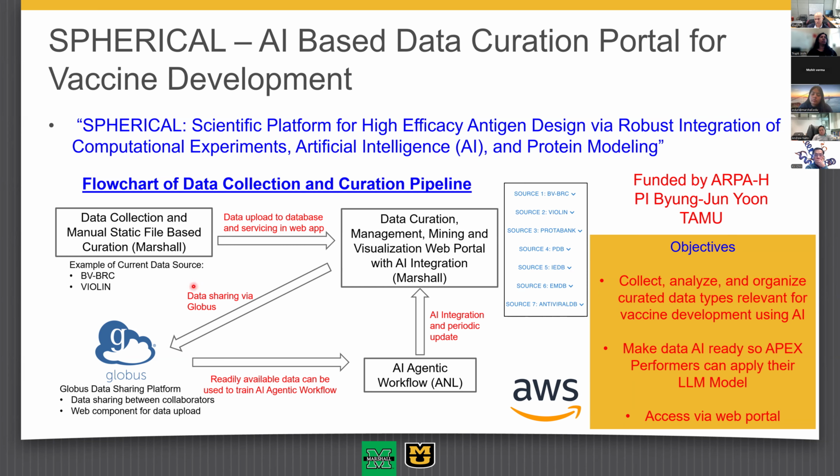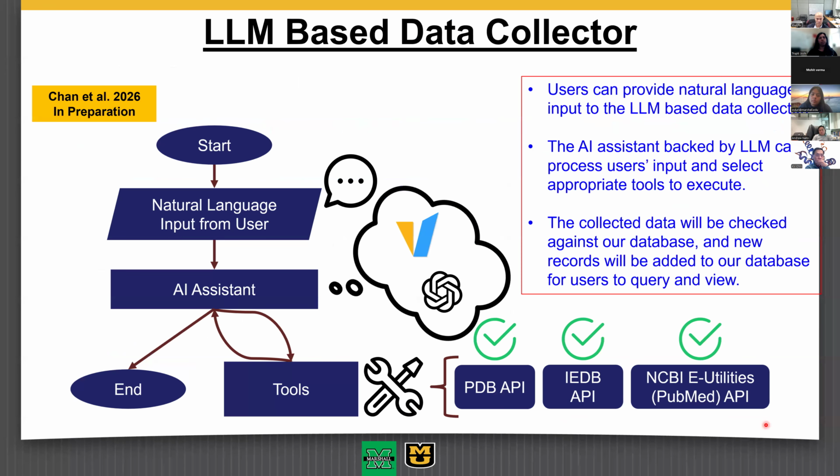And what we are doing is building a curated database for that, which maybe our other Apex performers who are part of the projects can use with their large language models. And so my postdoc, who is part of the data science personnel, is building an AI-based tool so that the data can be accessed and directly curated and incorporated in the repository by using these LLM types of approaches.